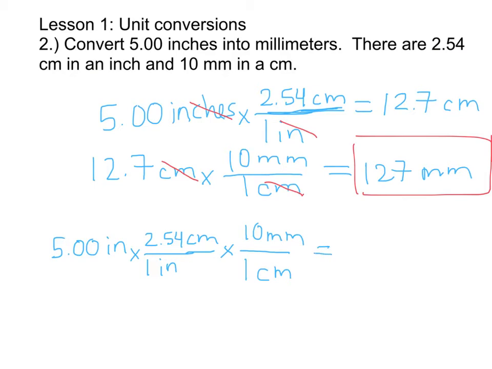And so now our inches are canceling out, our centimeters are canceling out, and if we do this calculation, you can just do 5 times 2.54 times 10, divided by 1, divided by 1. The order of operations don't really matter because this is all multiplication and division. So if we do this, then we simply get 5 times 2.54 times 10 is equal to 127 millimeters.